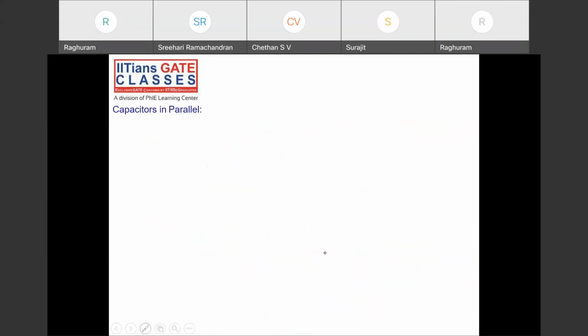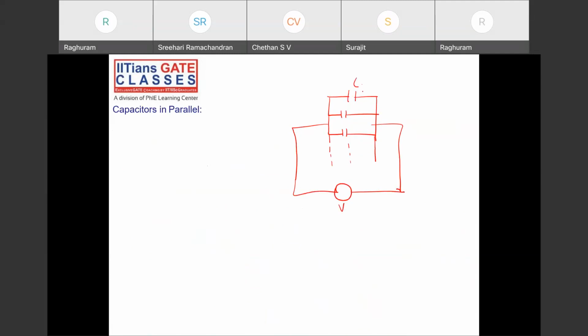Next, capacitors in parallel. I'll take a voltage source V, with C1, C2, C3 and so on.